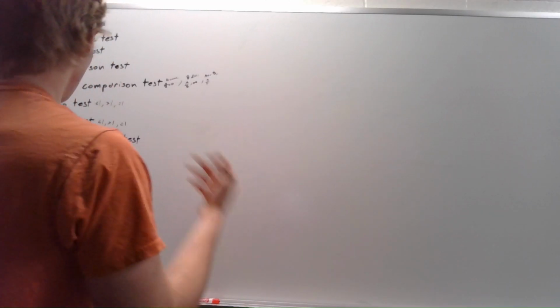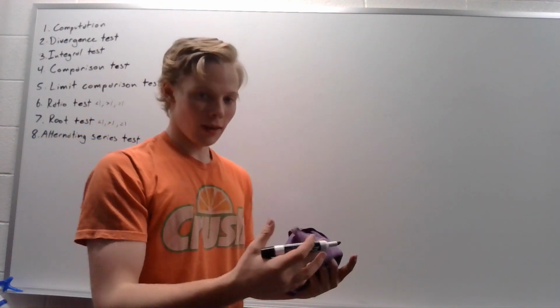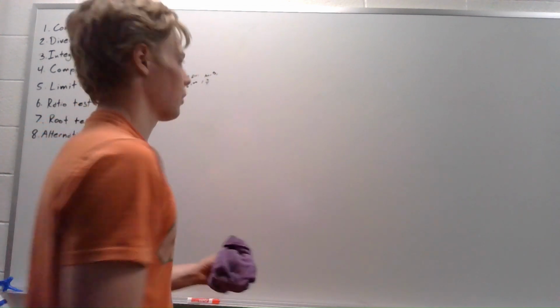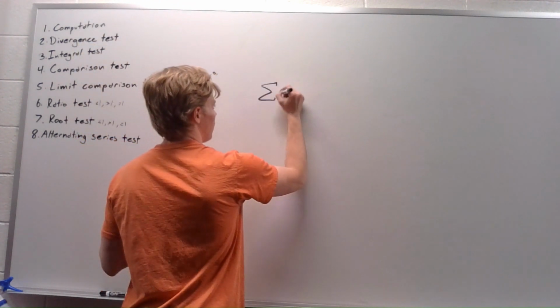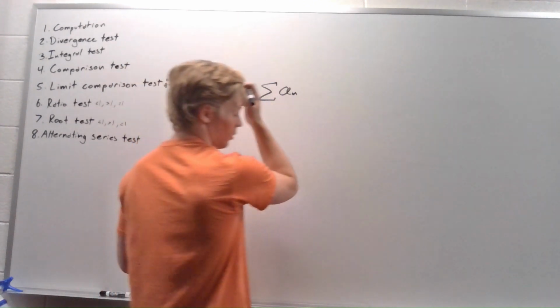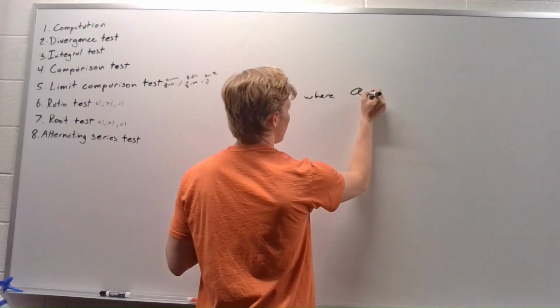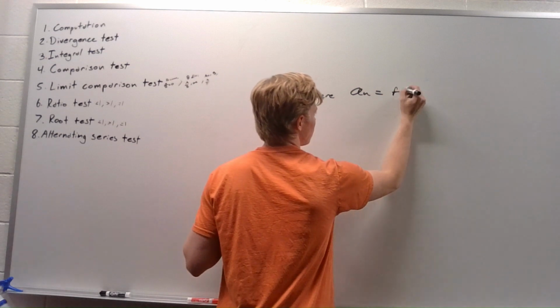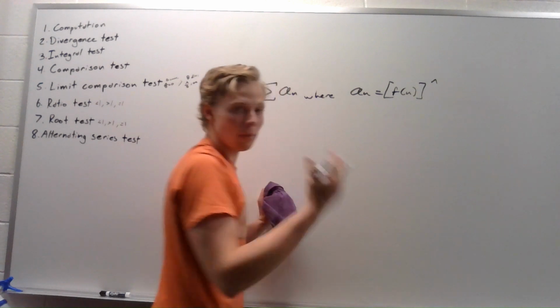So now the root test. The root test is a test you can only use in very specific circumstances, but it's very powerful. You can only use the root test where you have the sum of a function a sub n where a sub n is equal to some f of n all raised to the nth power.